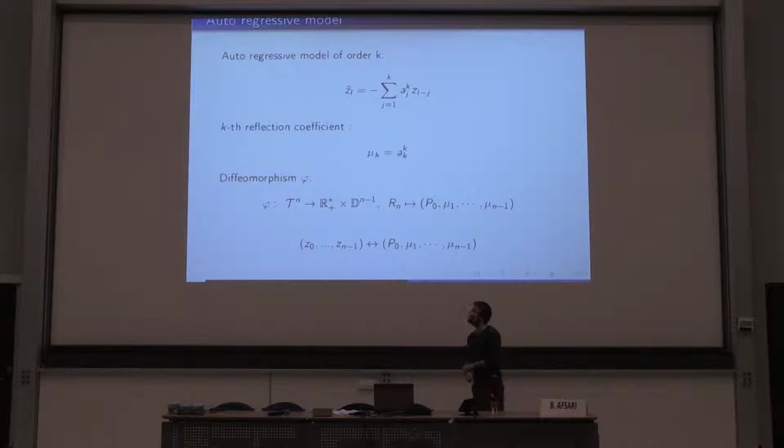So using the autoregressive model, we can define some reflection coefficients, which will form a new parametrization of the space of Toeplitz covariance matrices.